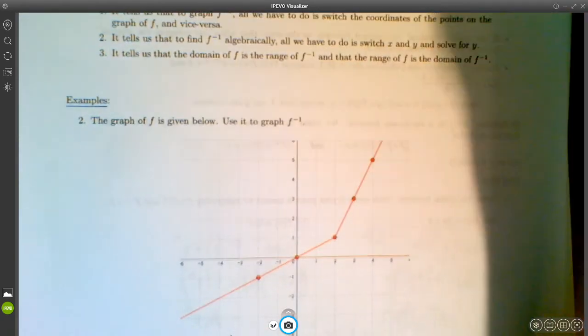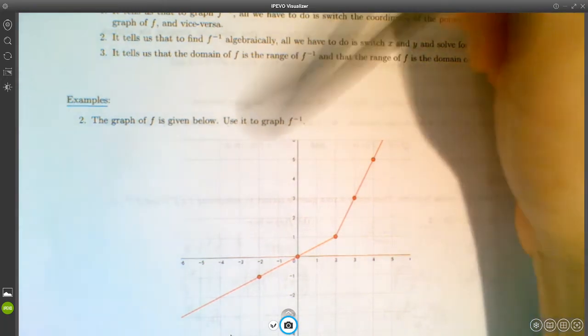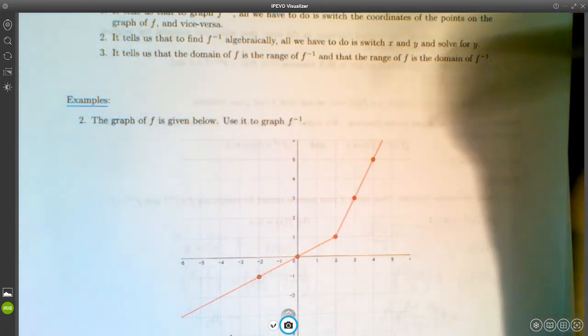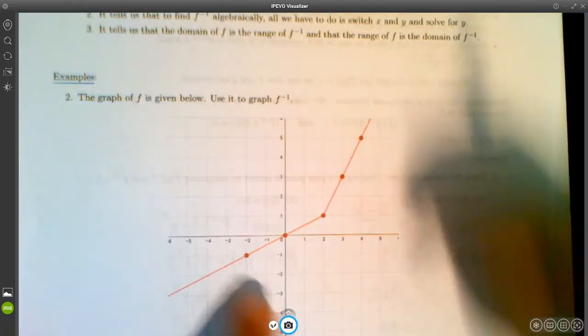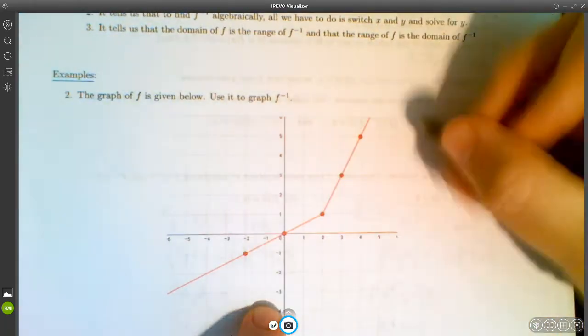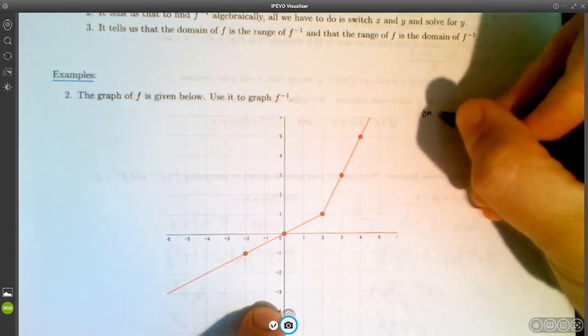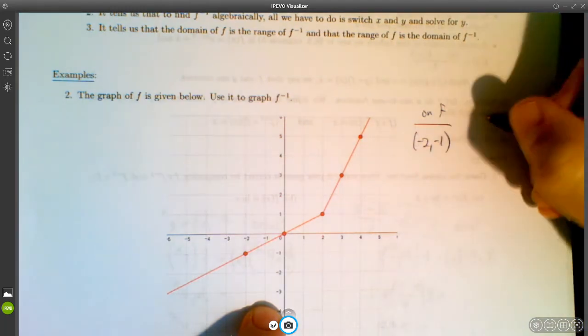Let me give you some examples, right? So number two here says the graph of f is given below, use it to graph f inverse. Okay, so this is actually super easy. We just switch the coordinates around. So this point right here, for example, is the point (-2, -1). So (-2, -1) is on f.